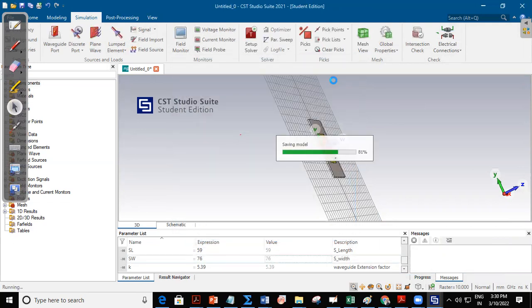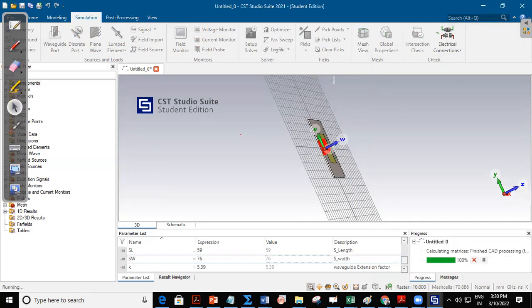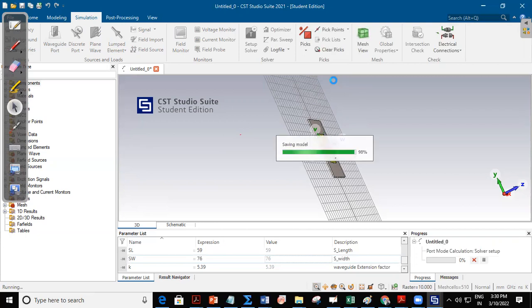It will save the model and run the simulation. It will take some time to solve this because we are using the student edition.